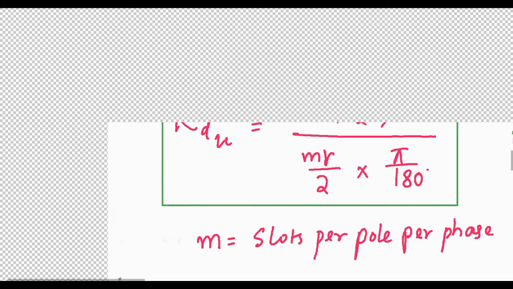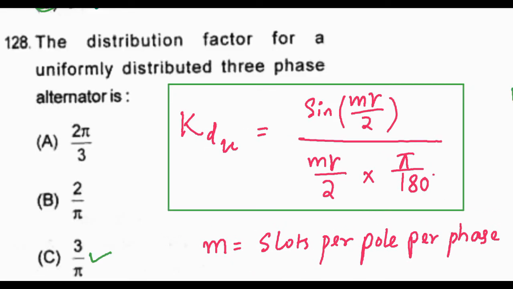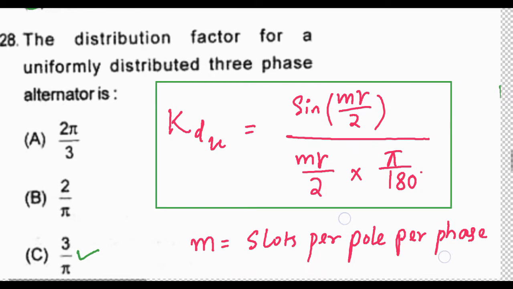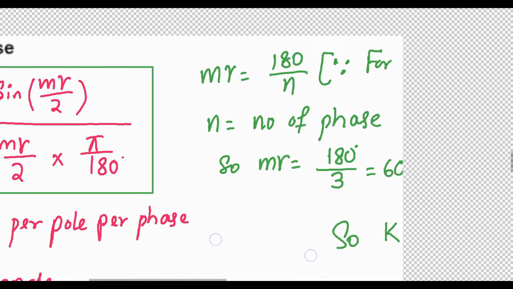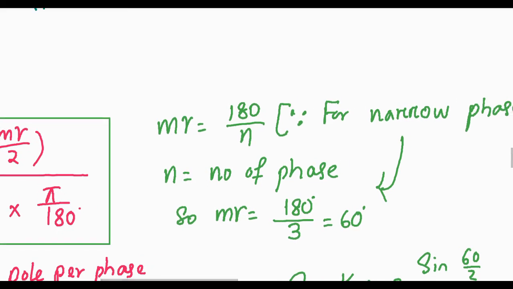So here three phase is given. So what will be the angle? The angle will be 180 by 3, since the number of phases is 3.